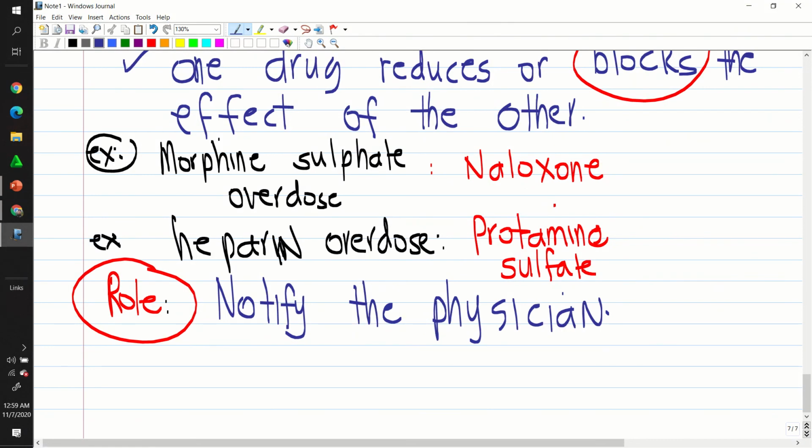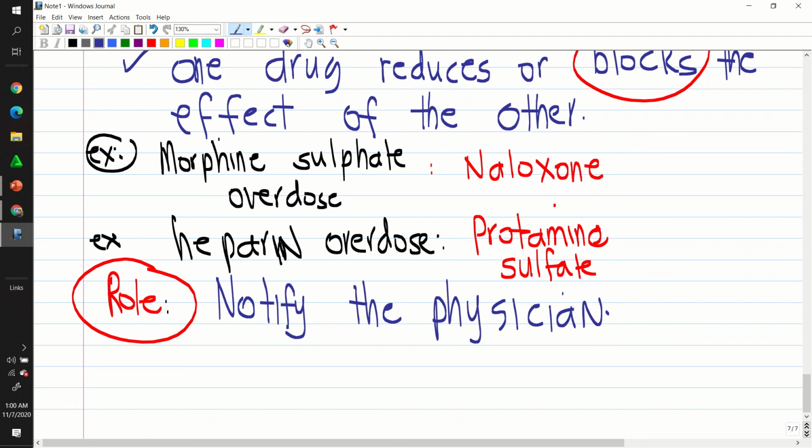As a nurse, you have to notify the physician so that the physician can know if this supplement or drug can interact with the prescription drug na ino-order niya. Because sometimes those medications na iniinom ng patient natin can actually mask the signs and symptoms. Pwedeng sabihin nila, ay nawala na yung cancer ko. Eh ang nangyari lang pala, minas lang pala niya. Sinugar coat lang pala niya.